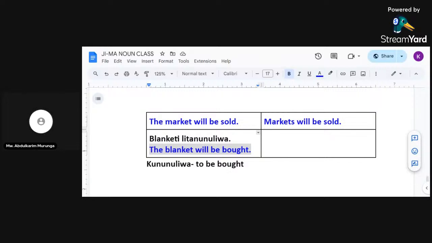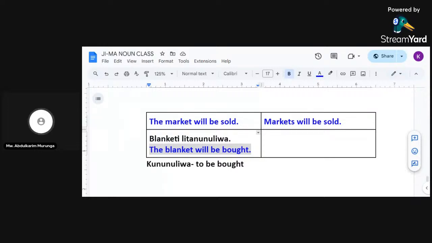Just write the plural for this sentence. The blanket will be bought.